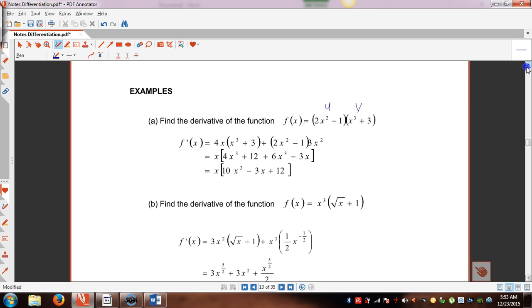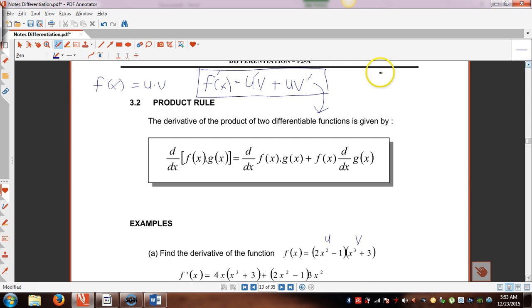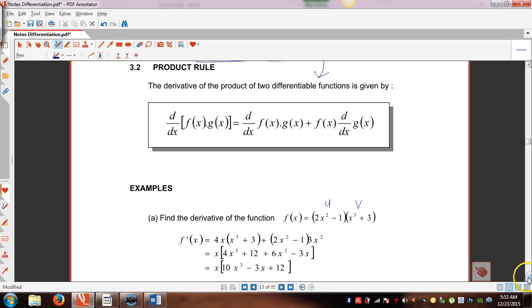I use the SPM level formula because it's quite easy to understand and easy to remember compared to d over dx notation. Actually it is the same. If you remember the SPM level formula, it is okay. The method is the same.